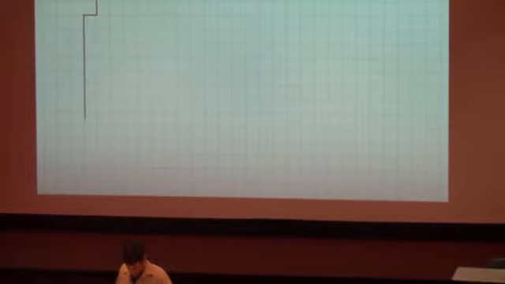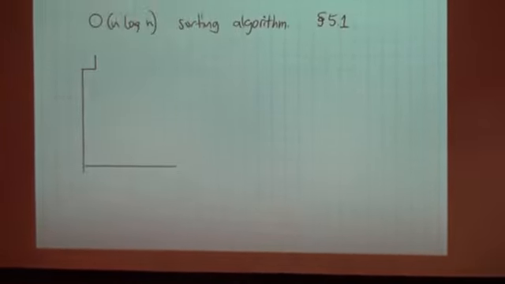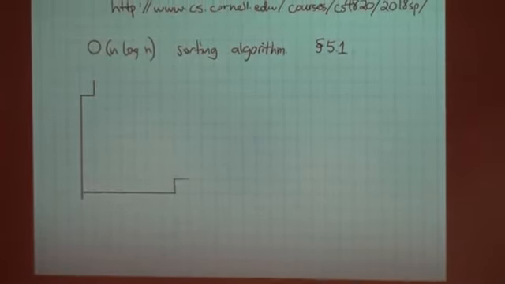Here's a problem that some of you may have seen before. I hope that at least a few of you have not. I'm going to draw an 8x8 chessboard with two corners removed, the upper left and lower right.